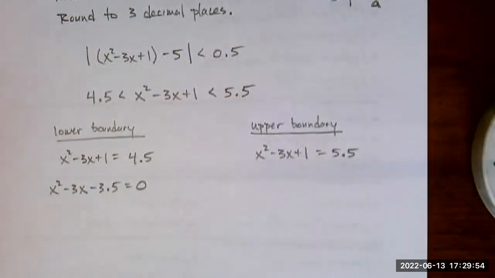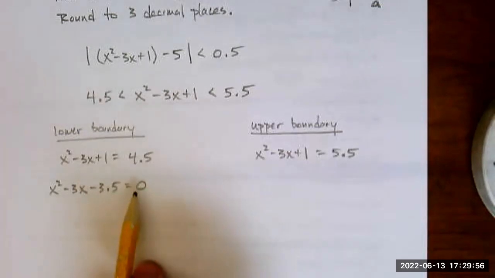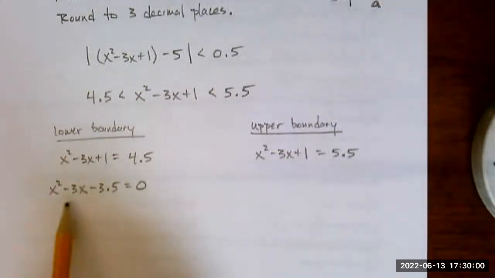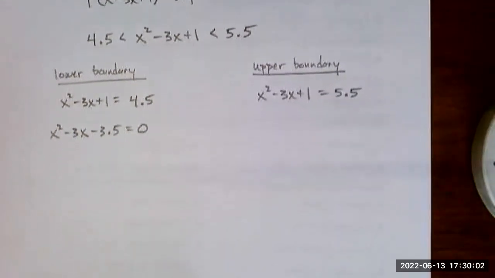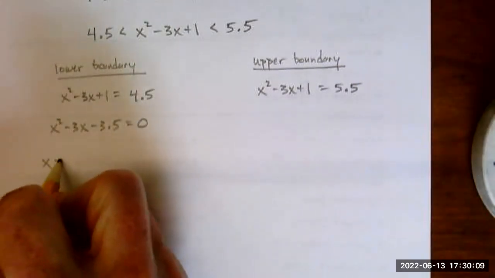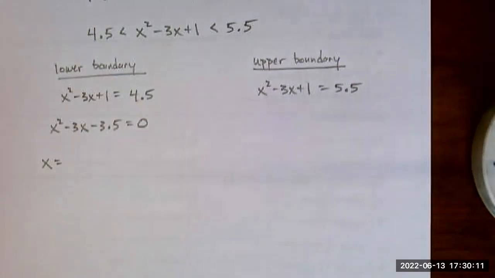Why do we set it equal to 0? Because at this point, it's not going to factor. We've got to use the quadratic formula. You guys remember it: x equals negative b plus or minus the square root of b squared minus 4ac, all over 2a.